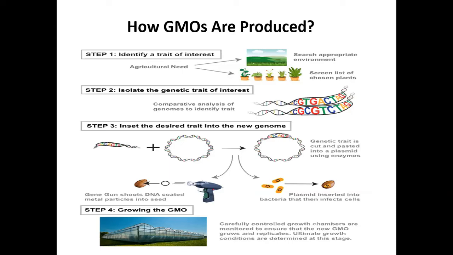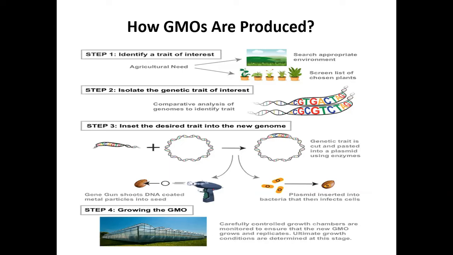How can it be done? The gene is first cut from the organism in which that particular gene is present, then it is incorporated into a plasmid or any vector, then introduced into the host organism, and then its expression is checked.